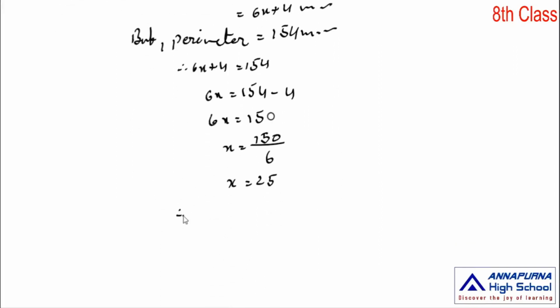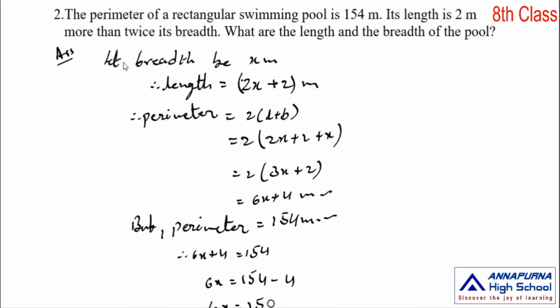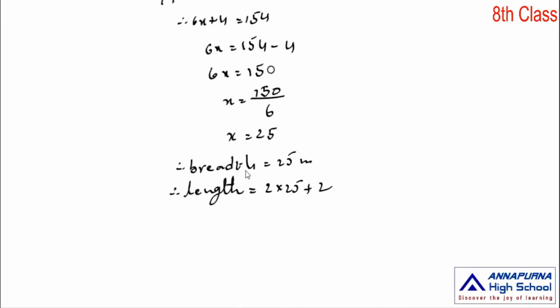So therefore breadth is equal to 25 meters and length is equal to 2 into 25 plus 2. Why? Because the length is 2 meters more than twice its breadth. The breadth is 25 meters. Twice means into 2 and 2 meters more means plus 2. So that value is 2 into 25, 50 plus 2. It is equal to 52 meters.